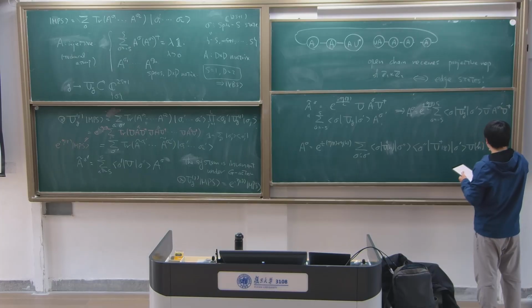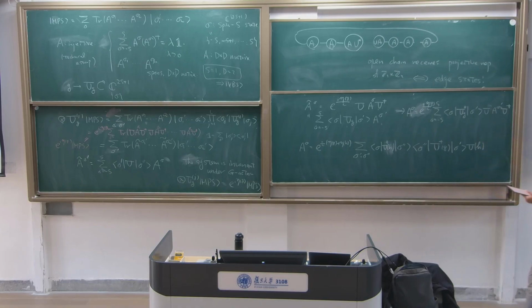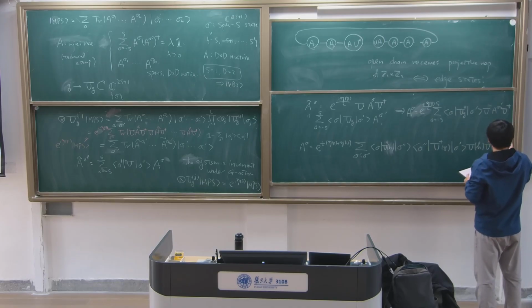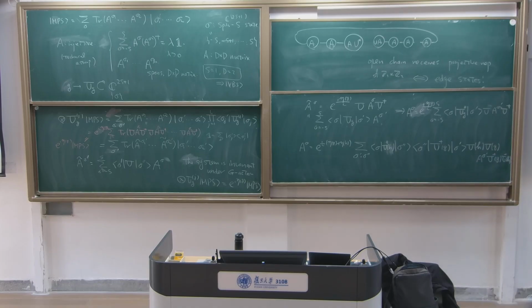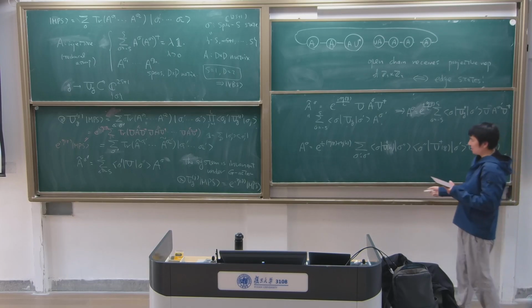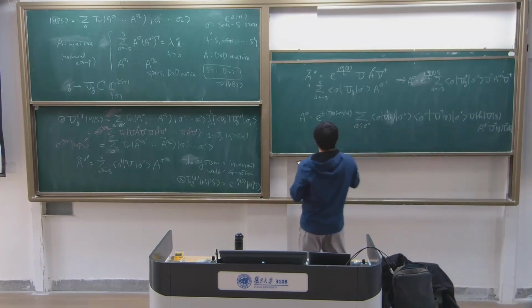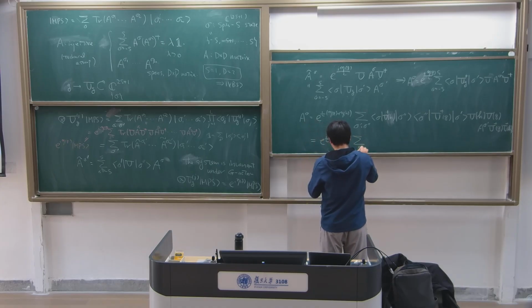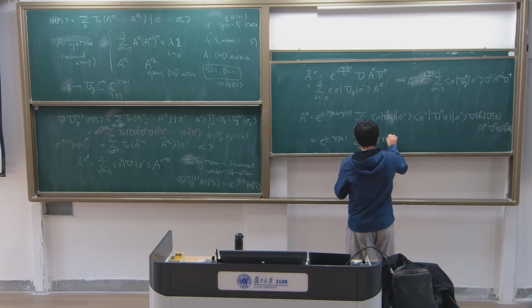Like this, it becomes like this. This one, in fact, can be written as follows: A G L, G H, sum over sigma prime, sigma vector.